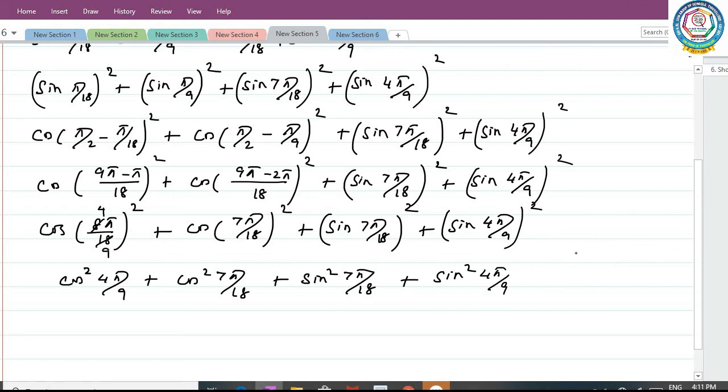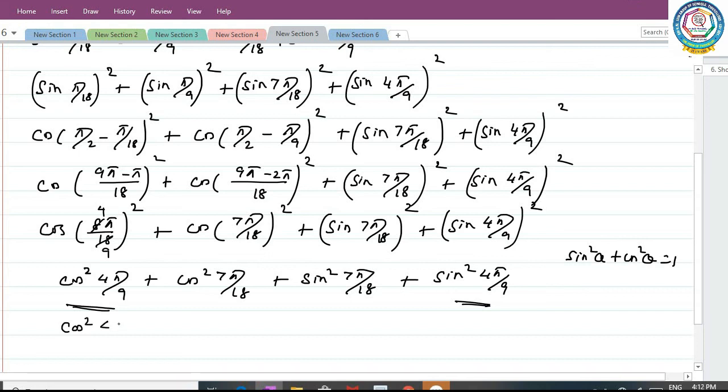We know the identity sin square theta plus cos square theta equal to 1. I collect the terms cos square 4 pi by 9 plus sin square 4 pi by 9.